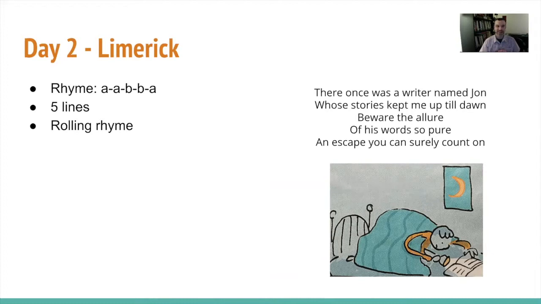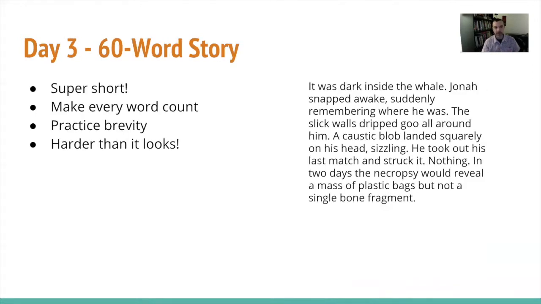Okay, so this is the second form that we're asking you to try to write, the limerick. Okay, so you see the basic pattern here for the rhyme. I'm sure that it will be familiar to so many people that they may not even need to have the instructions to do it.